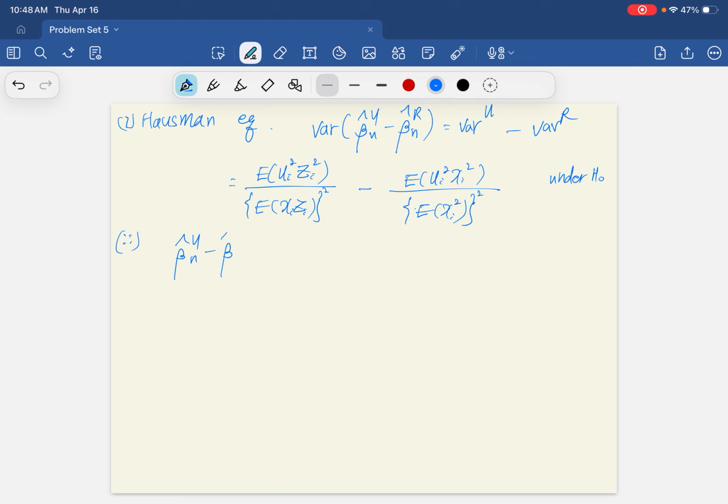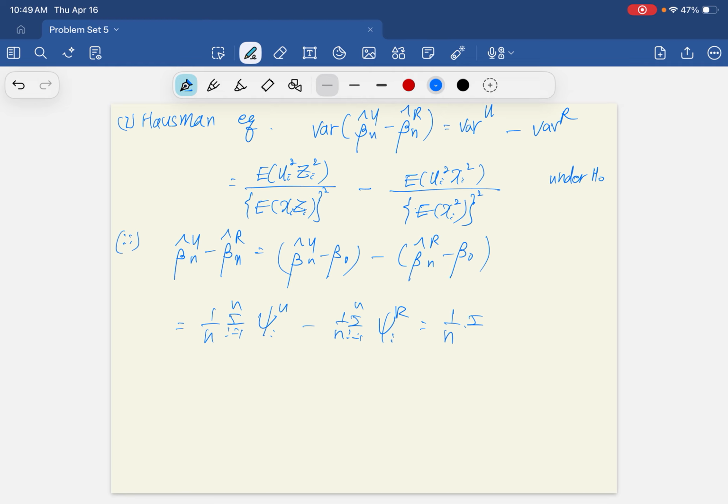If H0 is true, then we will have this, and that means the influence function of the unrestricted model minus the influence function of the restricted model. So as a whole, you are going to get the unrestricted minus restricted models' influence function.